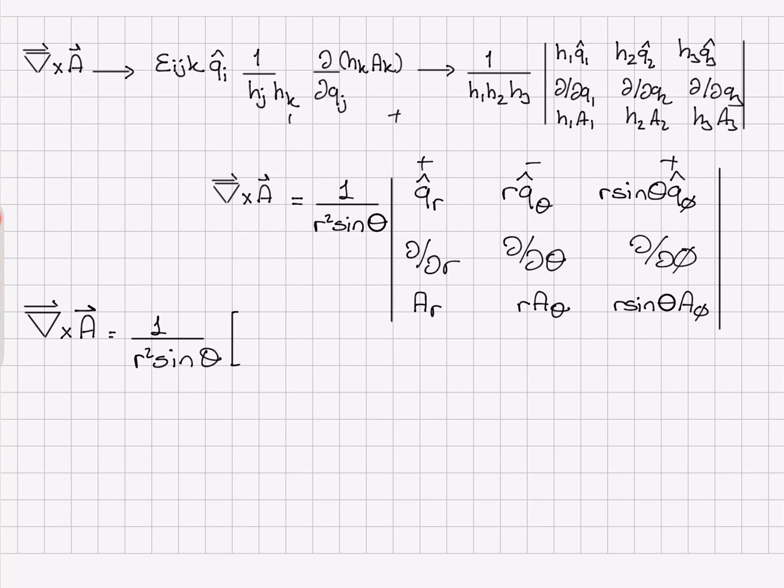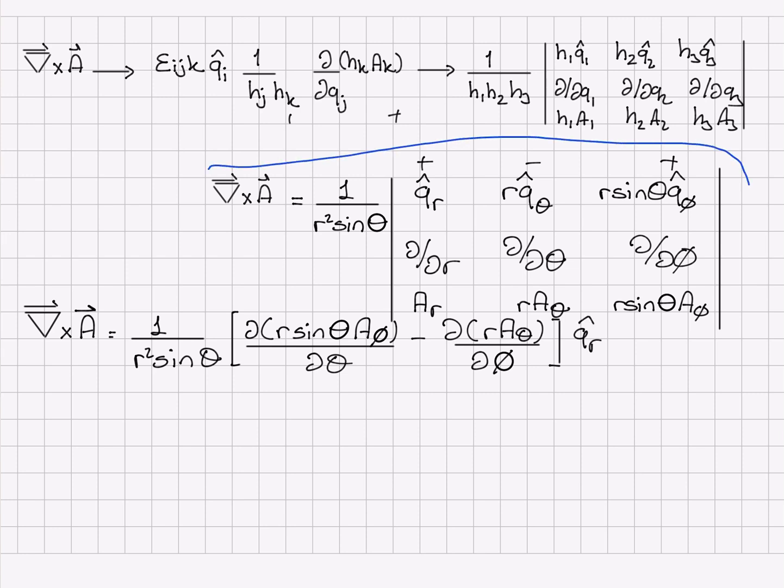First we're taking the derivative with respect to theta of r sine theta A_phi, minus the second term, the derivative with respect to phi of r A_theta. This is in the q_r hat direction.